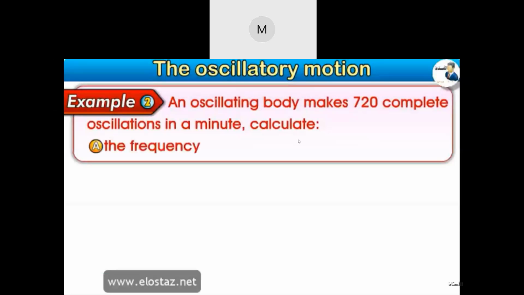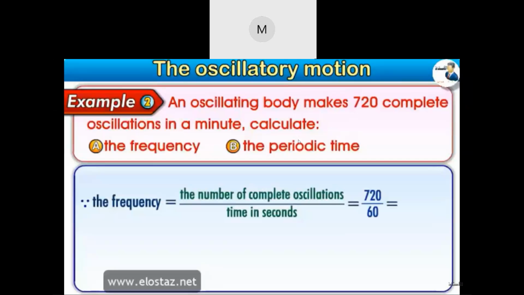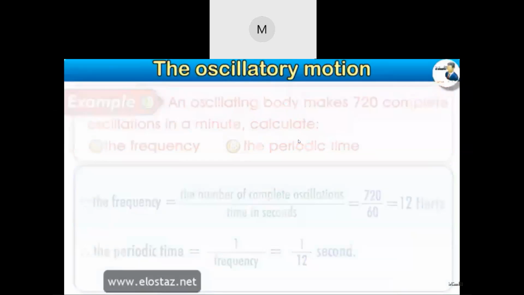Calculate A, the frequency, B, the periodic time. Since frequency equals the number of complete oscillations over time in seconds, equals 720 over 60, equals 12 hertz. Therefore, the periodic time equals 1 over frequency, equals 1 over 12 seconds.